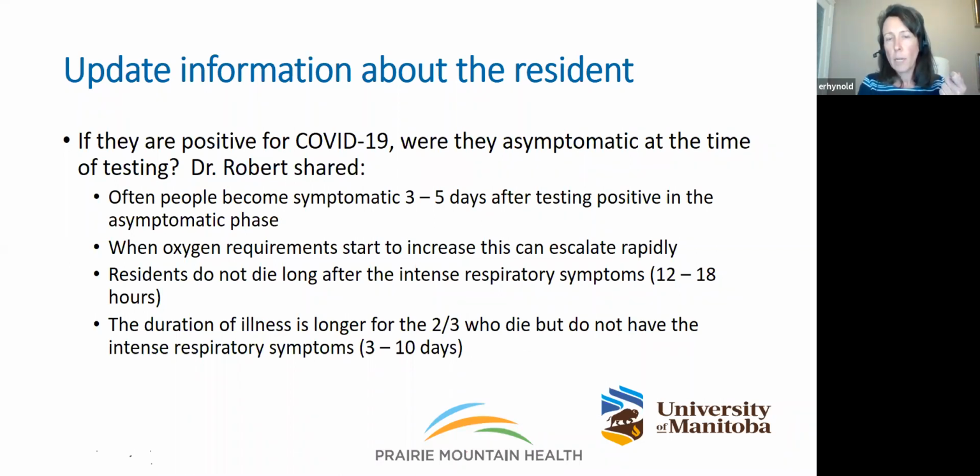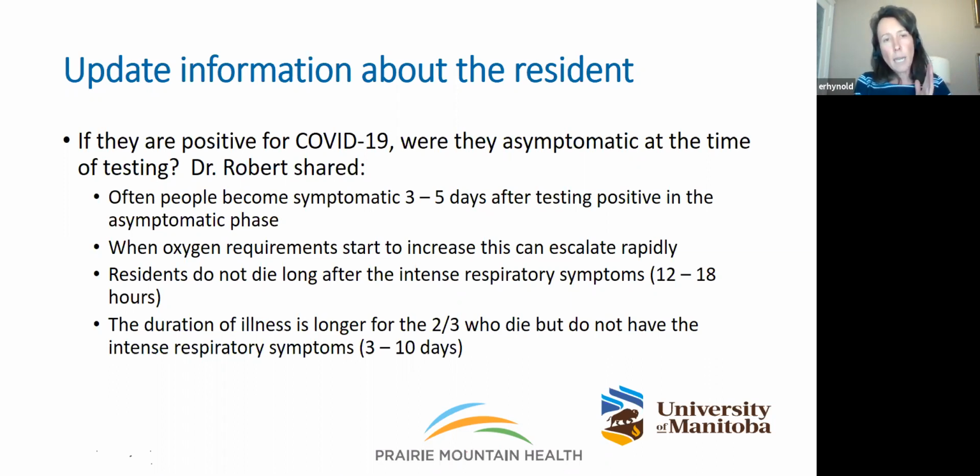What he described was that all of the people that tested positive for COVID-19 in their facility were actually tested in the asymptomatic phase. So there was a staff member who tested positive, and then all the residents were swabbed, and they were all asymptomatic, and they became symptomatic after approximately 3 to 5 days from being tested.